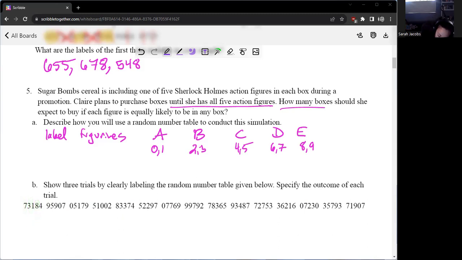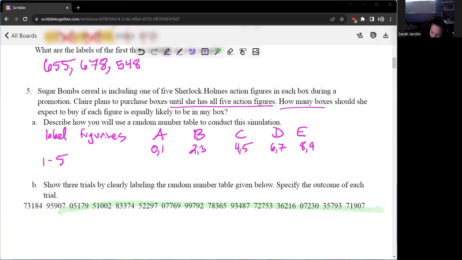If I did, let's say 1 to 5, anything that's not 1 through 5, I just have to get rid of. It's not going to be part of my trial, so I'm going to have a lot of waste here. It would work. I think there are enough digits in here for that to work.